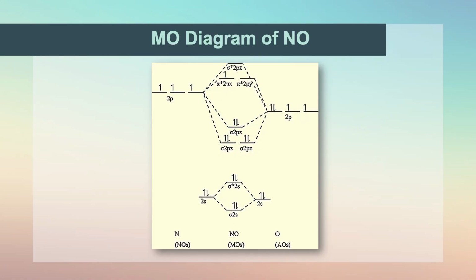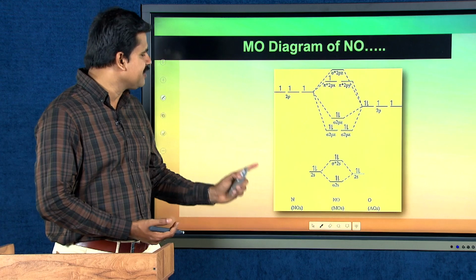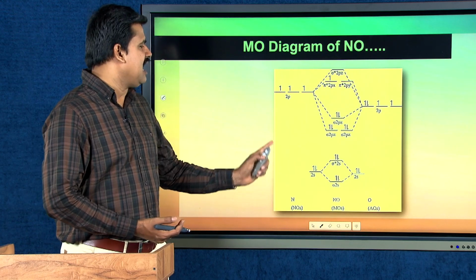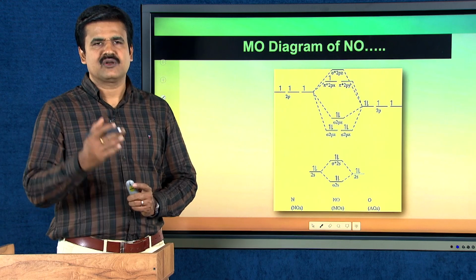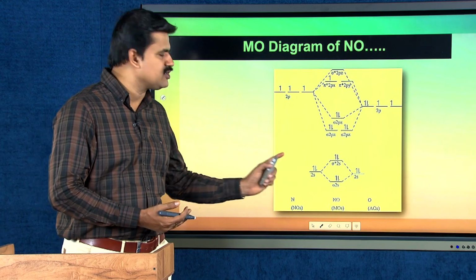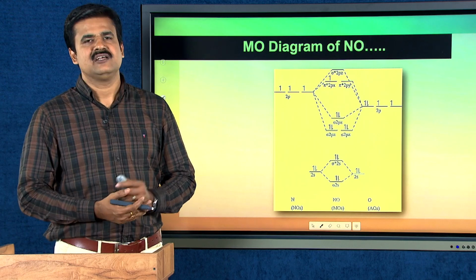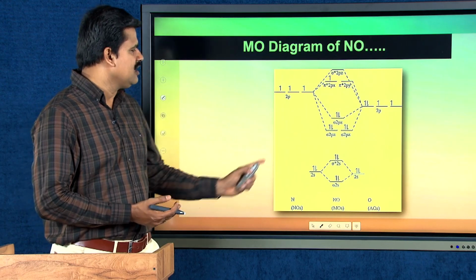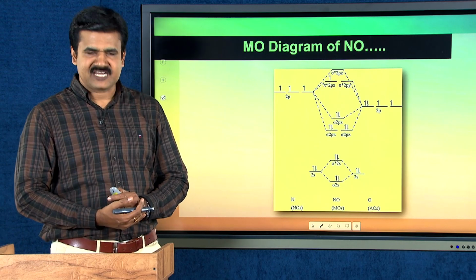Now, this is the molecular orbital diagram of the nitric oxide molecule. At the left hand side, you can see the atomic orbitals of nitrogen, and the diagram begins from the 2s orbital, with the 1s orbital excluded for convenience. So, 2s2 2p3 is the outer shell configuration of nitrogen.